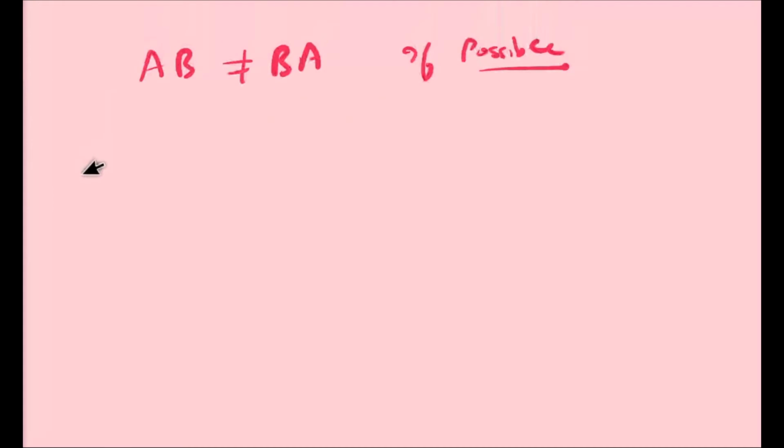It may be possible that if the AB product can be found, then it is not necessary that BA can be found.